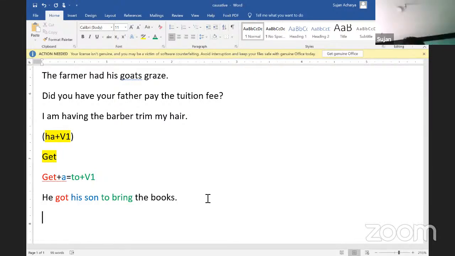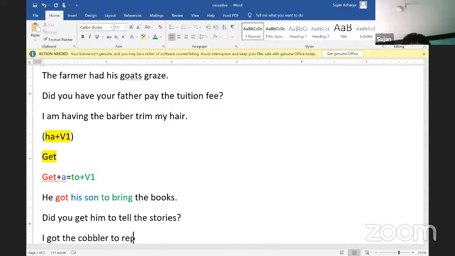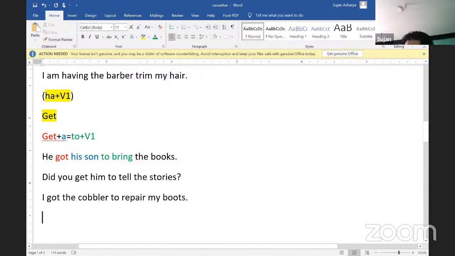If get is followed by agent, then we use 2 plus V1. Another example, did you get him to tell the stories? Next, I got the cobbler to repair my foot. Get plus agent. Now make plus agent, get plus agent.